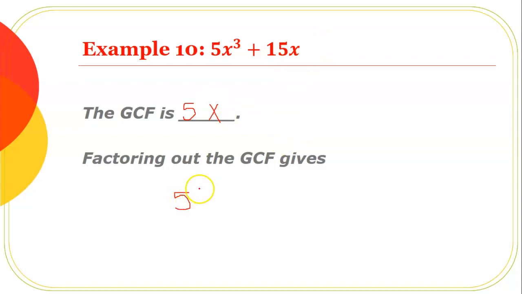My GCF is 5x, which leaves x squared. 15 divided by 5 is 3, and I took the x out. So I have 5x times x squared plus 3.